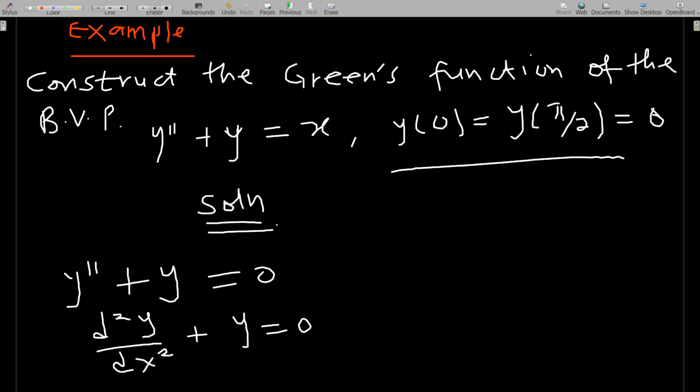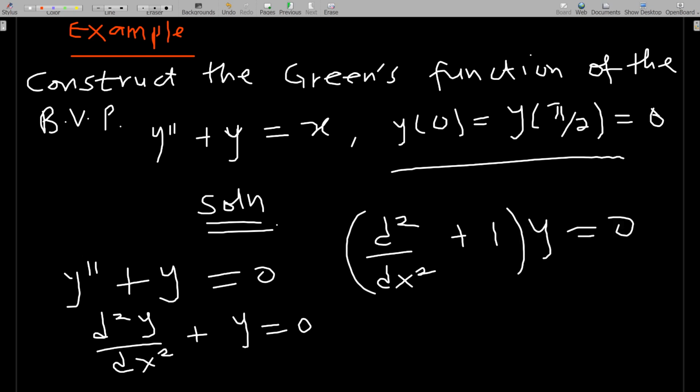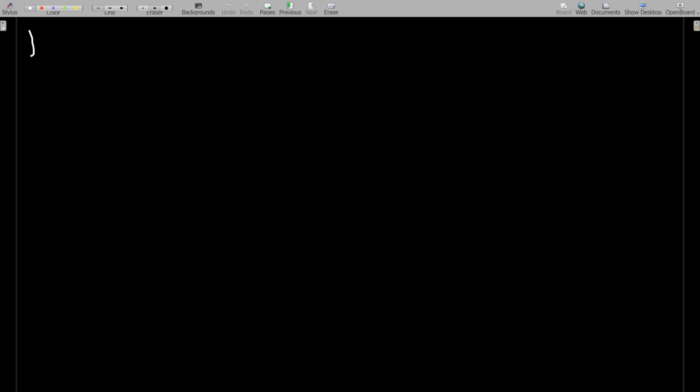So if I factor y out, I have d squared ds squared plus 1, and y is equal to 0, which means that my L with this particular question is d squared ds squared plus 1. So we just go ahead and write our L. L is equal to d squared ds squared plus 1.